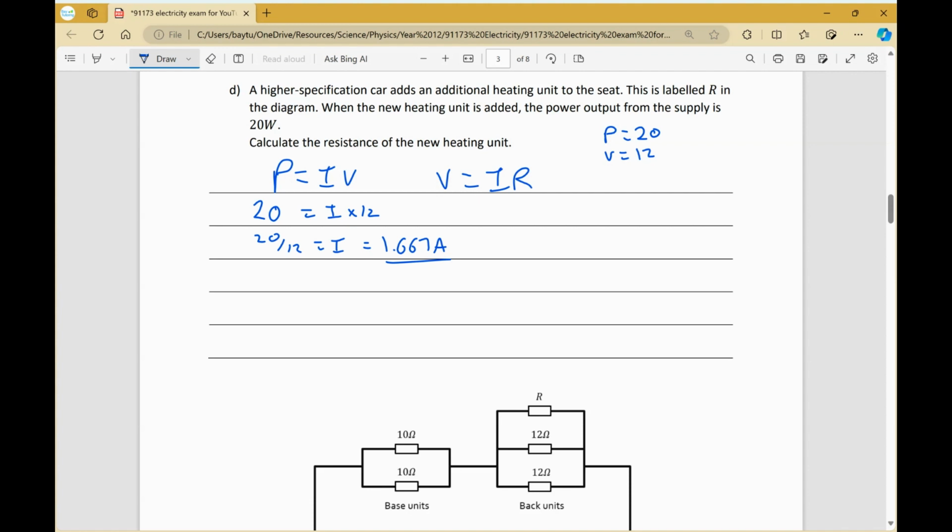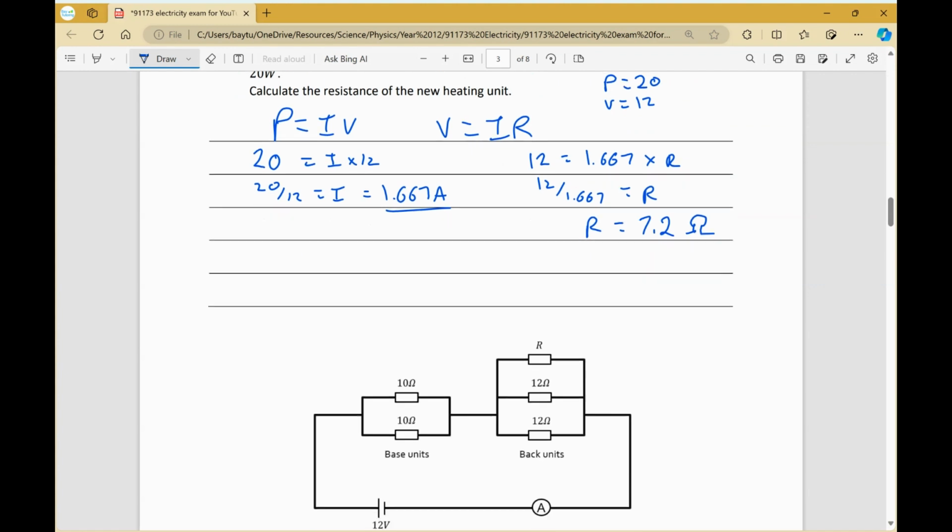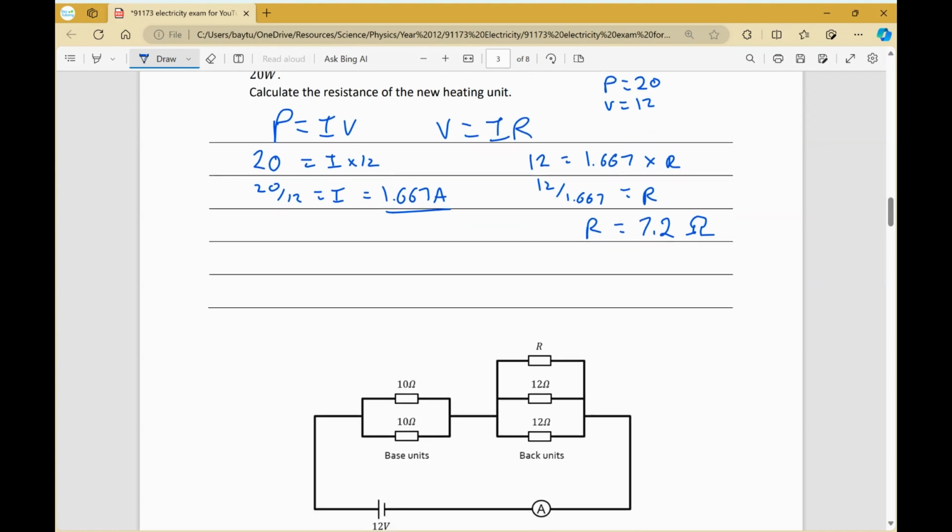So now if we put in what we know here, we can work out that the resistance in the circuit is 7.2 ohms. So that's the total resistance in the circuit, which is not what we've been asked to find. We need to calculate the resistance of the new heating unit. But now we know the total resistance in the circuit, that will help us do that.